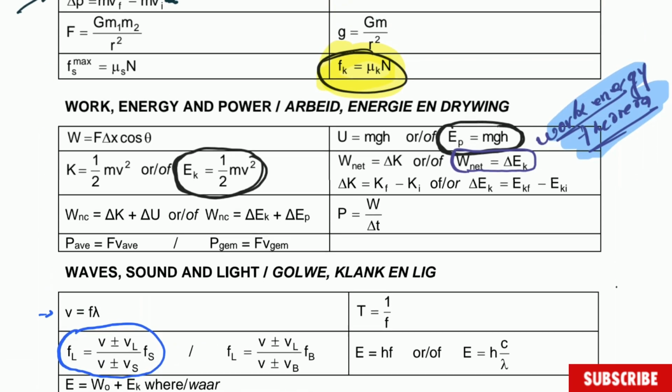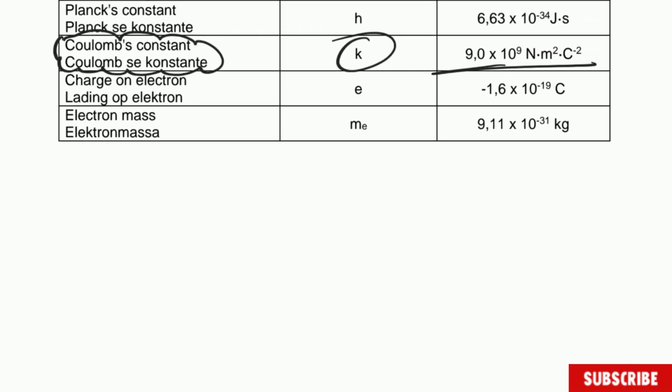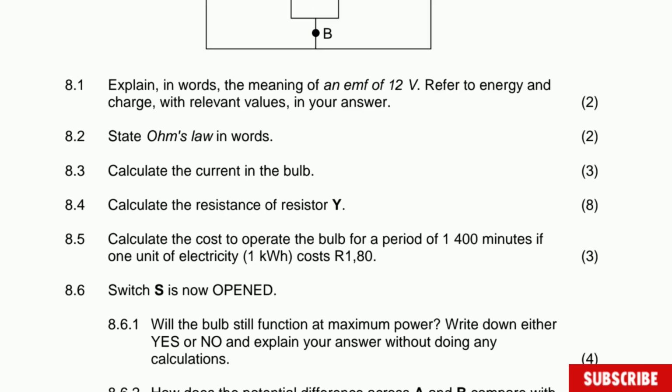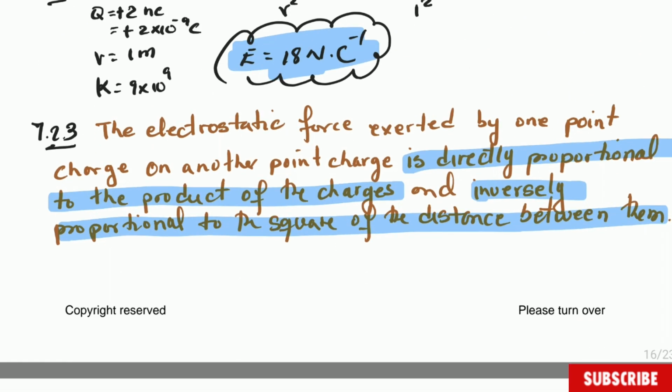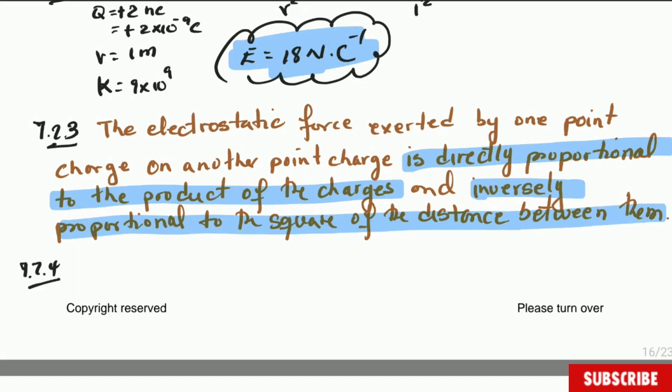You can memorize formulas, but make sure you go there and you take it exactly as it is in the formulas. Guys, I think we have enough space here. This is question 7.2.4. So we write in the formula here. The electrostatic force is equal to K multiplied by Q1, Q2 divided by the distance squared.